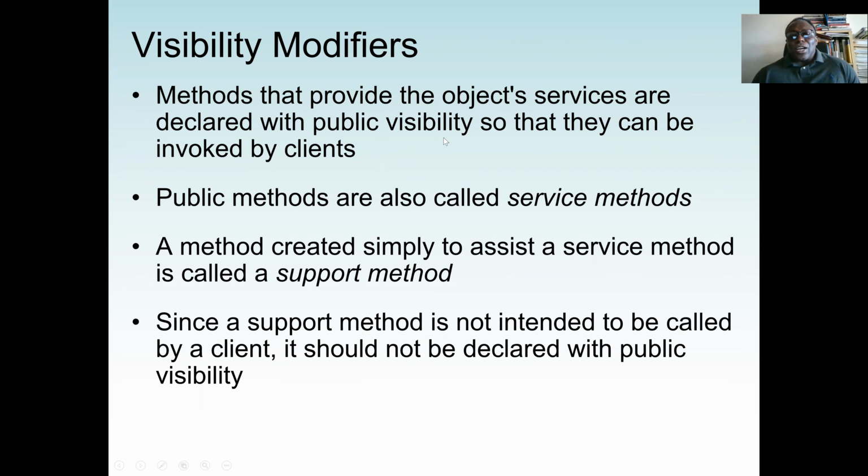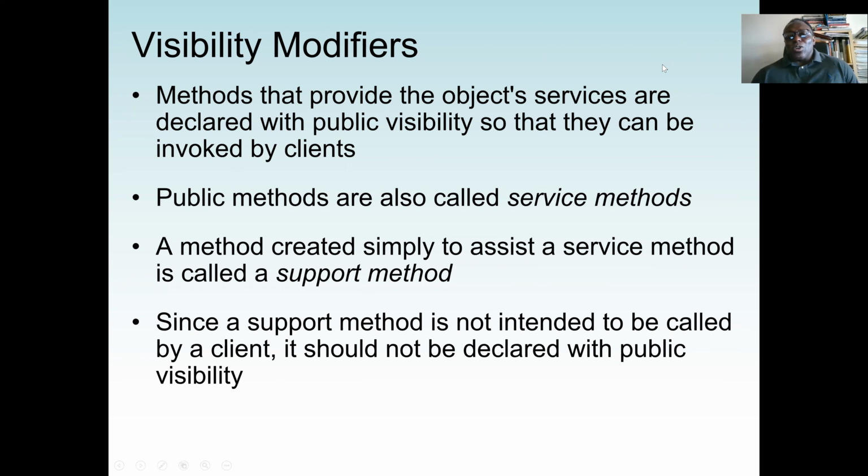So methods that provide object services are declared with public visibility. By convention, methods are public, but sometimes we may have a method whose goal is to do work only within the class where it is declared. Then we can make it private.